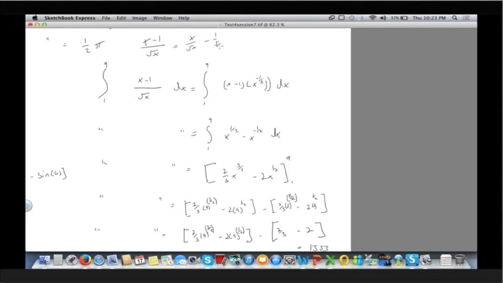Great. Now, how could you simplify x over root x? x over x to the 1/2. Excellent. Good. And then minus x to the 1/2. Good. And let's rewrite that. Well, I guess you can just divide.